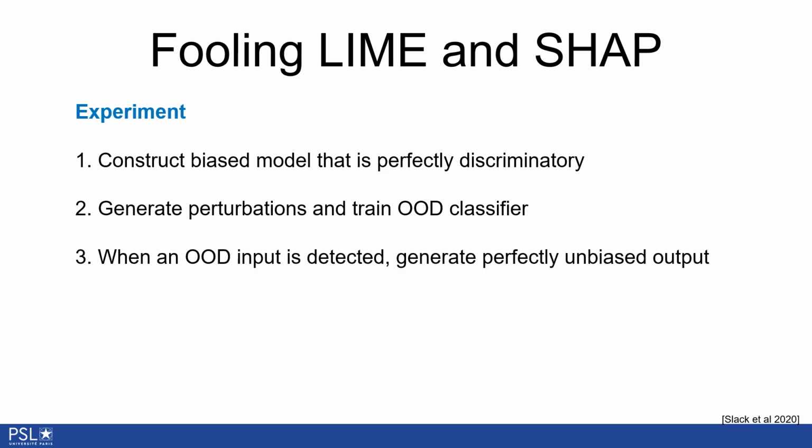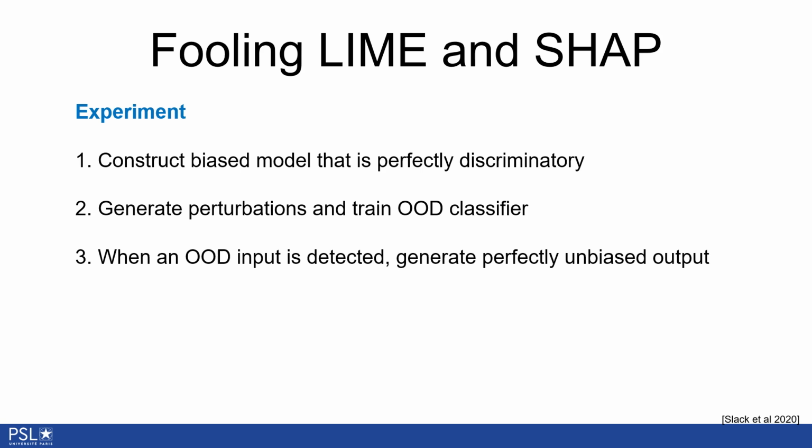Finally, they incorporated this out-of-distribution detector in the black box so that each time an out-of-distribution input was detected, the black box model generated a perfectly unbiased output. This unbiased output is produced using input features that are not correlated with the sensitive feature.